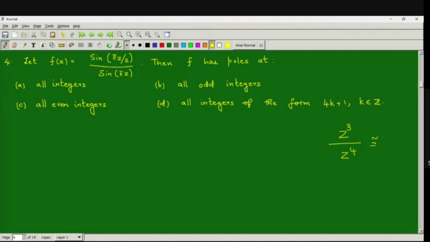Is it so? No, right? You understood the difference between pole and removable singularity? Yeah, it is a pole at 0. But see this thing. Does it have a pole at 0? No, it has a removable singularity at 0.